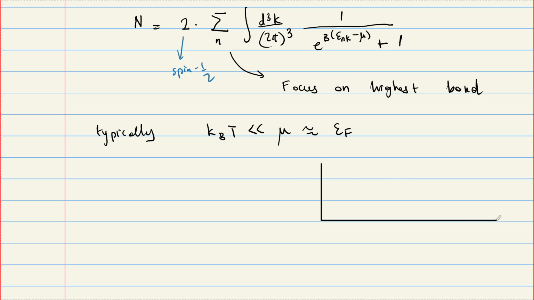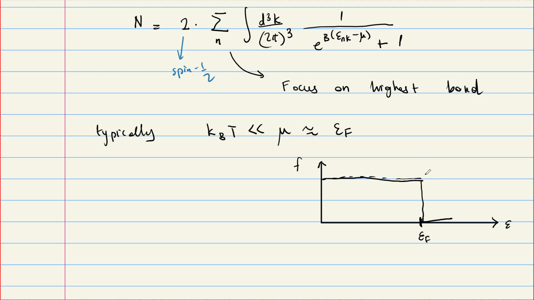Let me also draw that. If this is occupation, and this is energy, there is a highest occupied energy, right? You start filling up available states from the ground up, and at some point you run out of electrons because you have located everybody, so you just go down.